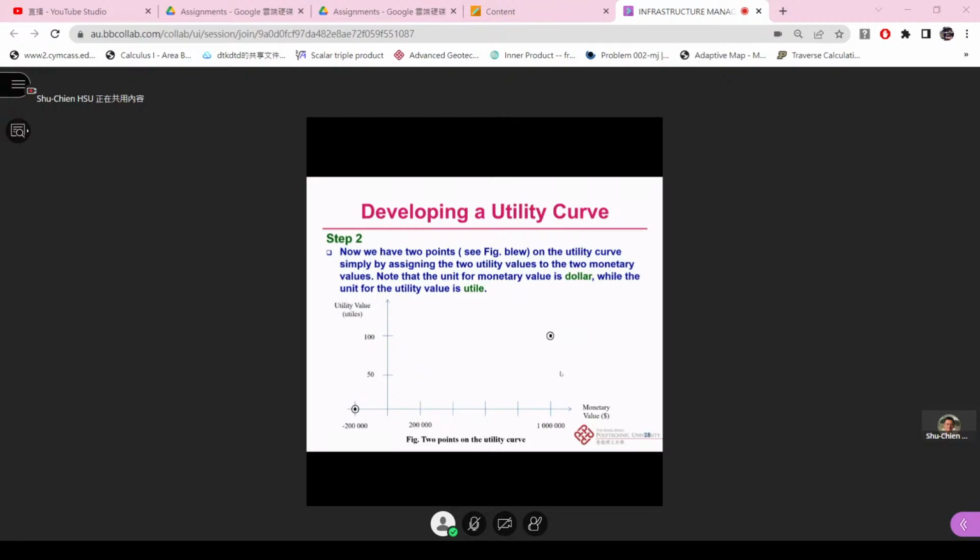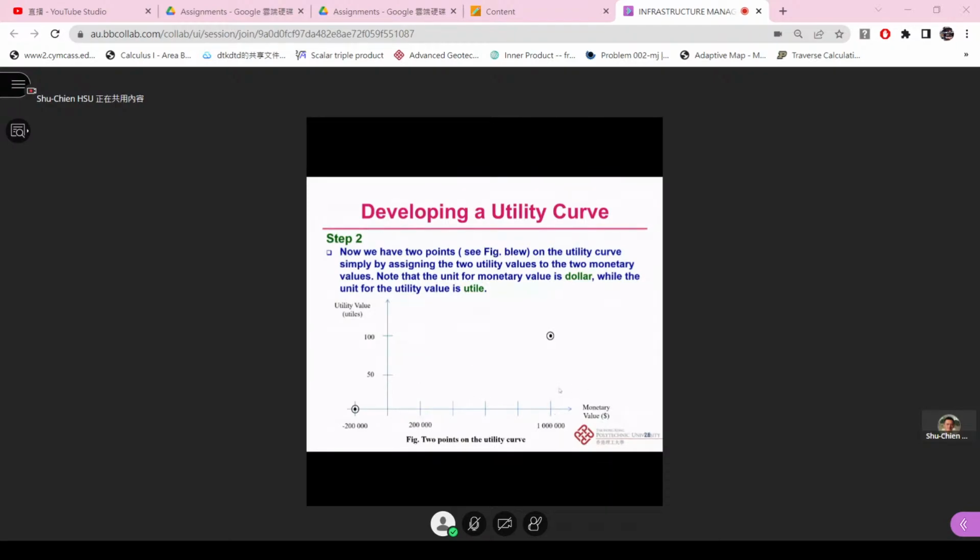Now we have two points on the utility curve, see the figure below, simply by assigning the two utility values to the two monetary values. Note that the unit for the monetary value is dollars, while the unit for the utility value is utile. On the x-axis we have the monetary value, and on the y-axis the utility value.